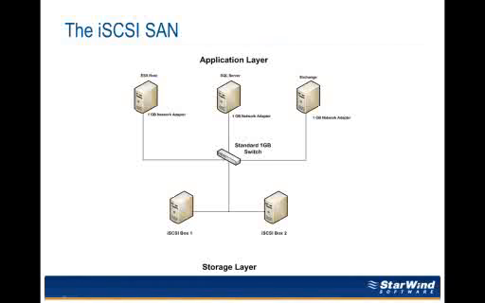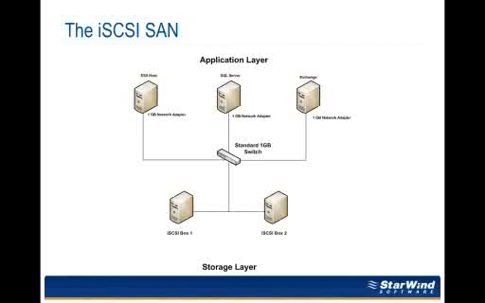Now, this is admittedly a very rudimentary diagram, but I use it because I feel it illustrates the relevant parts without distracting you with some of the sexier things that you can do. Ultimately, when you look at something like this, it looks very similar to the previous diagram. The difference is that we're setting up the shared storage environment using commodity hardware.